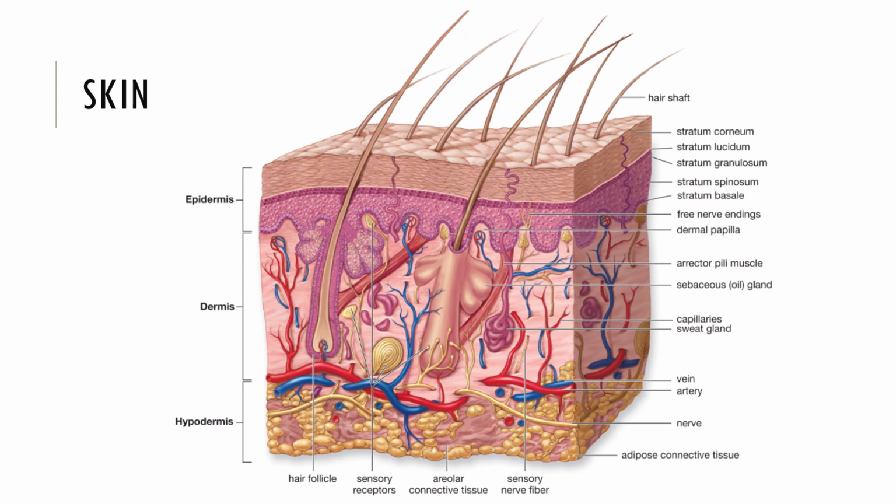This only occurs in thick skin. It adds an extra layer of protection. And again, this layer is only found in thick skin, and this includes the palms of your hands and the soles of your feet.